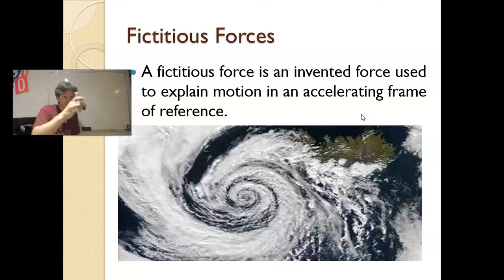Since the direction is constantly changing, its velocity is changing. And so it is accelerating. And we'll talk about what we call centripetal acceleration in the next lesson. But for now, I just want you to have the idea that if something's moving in a circle, it's accelerating. And therefore, for this lesson, it is a non-inertial frame of reference.